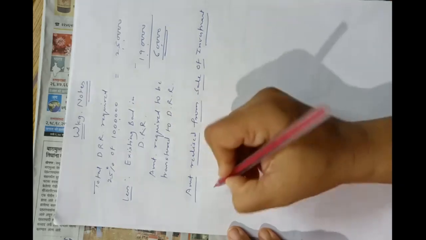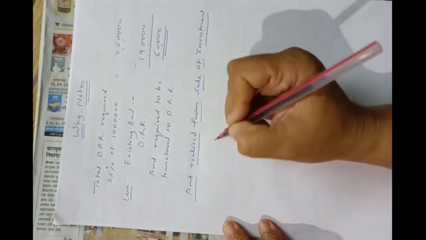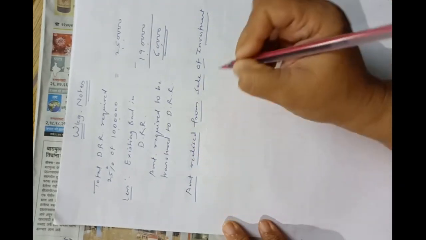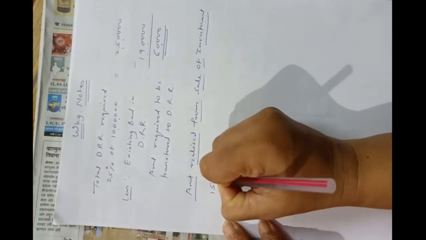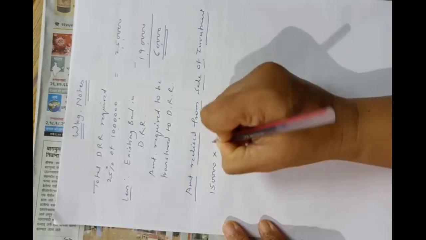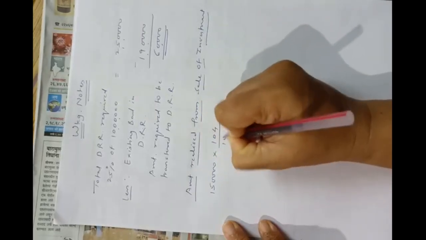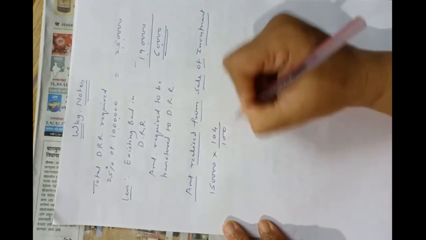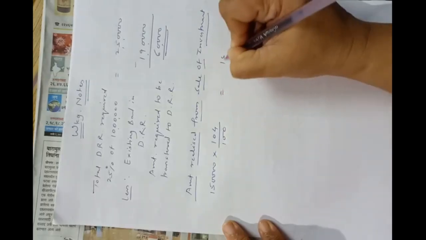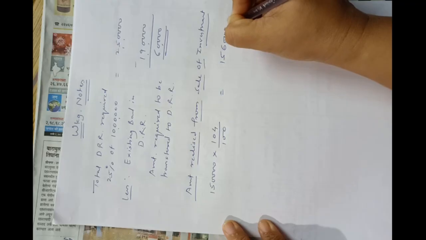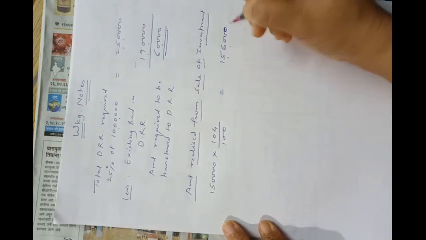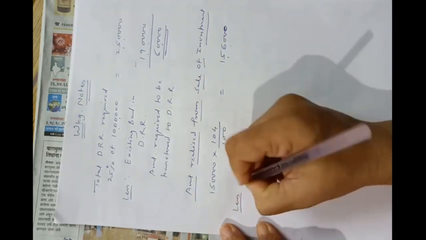Okay, so the investment is 1,50,000. Investment at 104%, so 1,50,000 into 104% means 104 upon 100. So the amount is 1,56,000. But from this 1,56,000 we have to deduct the brokerage.